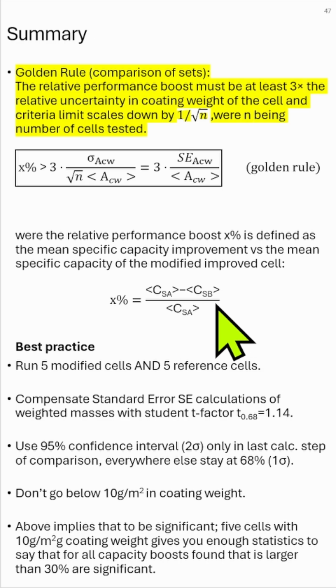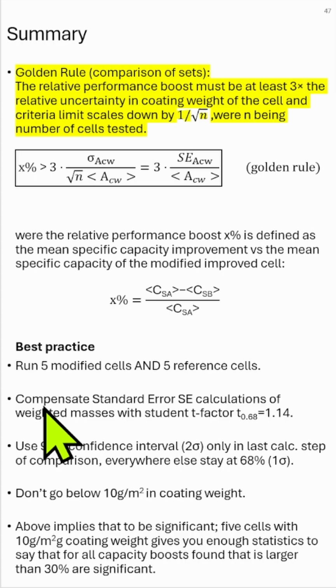So, as a last summary, best practice to implement in your research. You shall run 5 modified cells and 5 reference cells. Do not use theoretical reference values and so on. Make 5 reference cells and 5 modified cells. Run them in the potentiostat and compare.